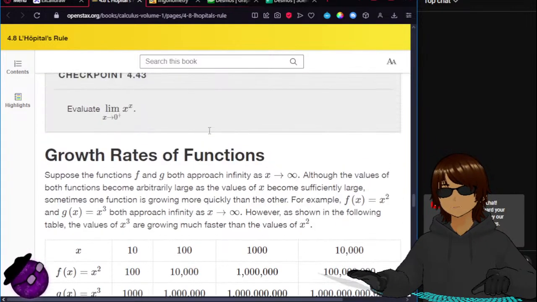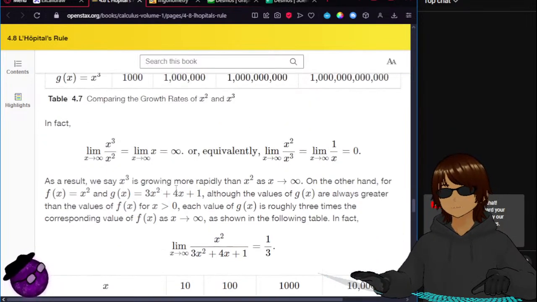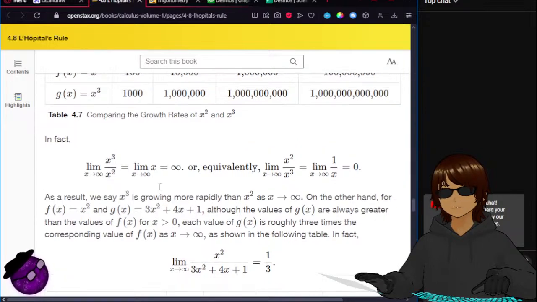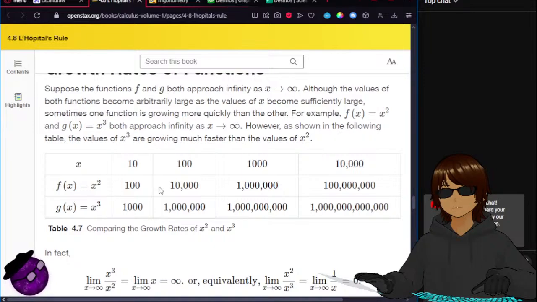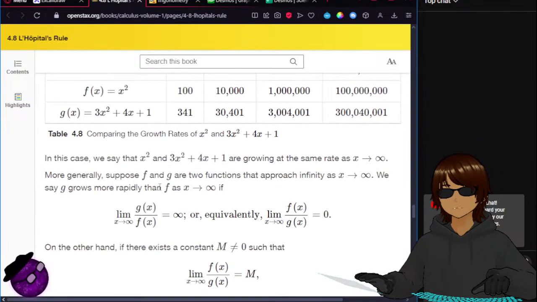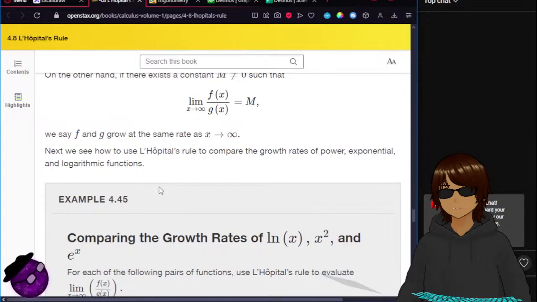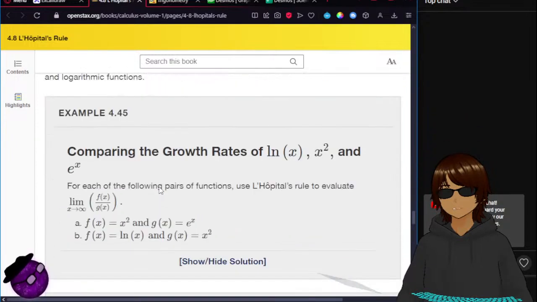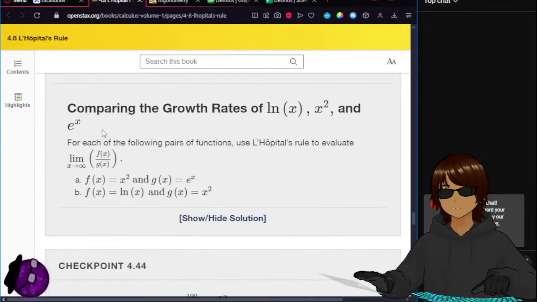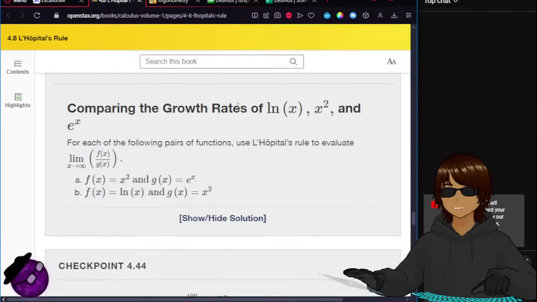Growth rates of functions. Comparing the growth rates of ln of x squared and e to the power of x.